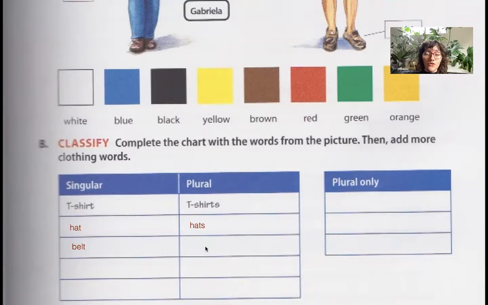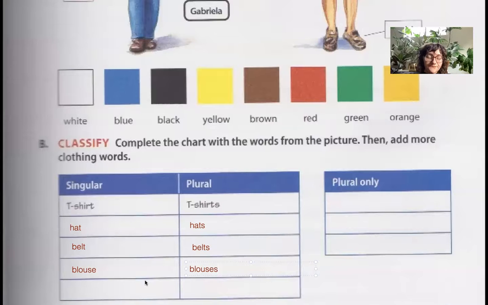But if we have more than one, more than two, we say belts, right? Belts. If we say blouse, it's just one, right? But if you have more, right? I have a lot of blouses. Ooh, I spelled that wrong. Blouses, it's plural, yes, right? Because it ends in an S.